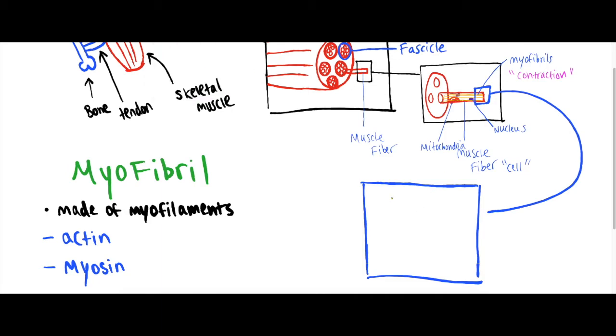The myofibril is going to have these sections called sarcomeres. So we have this zigzag border right here, and another zigzag right here.